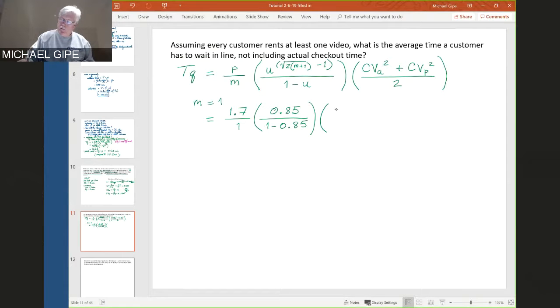And then we have a Poisson inter-arrival time, so that coefficient of variability is 1, and then a higher coefficient of variability for the processing time. We'll average those two squared, and it works out to be the time that the customer is waiting in line at the checkout stand is 19.82 minutes.